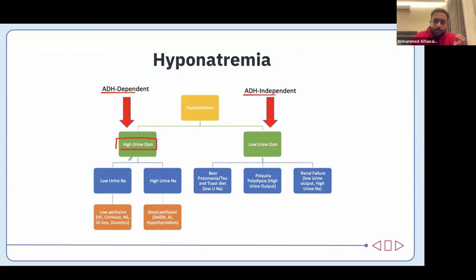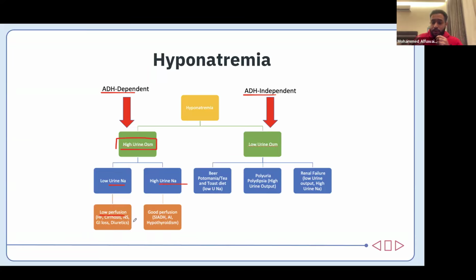Then you look into it in more detail. You look at the urinary sodium. Now, in the case where you have low perfusion of the kidneys, what's happening in heart failure, cirrhosis, or nephrotic syndrome is you'll have peripheral edema. As I said, in the pre-renal azotemia, you'll have decreased effective circulatory volume, which will trigger the kidneys to activate two systems, RAS and ADH.